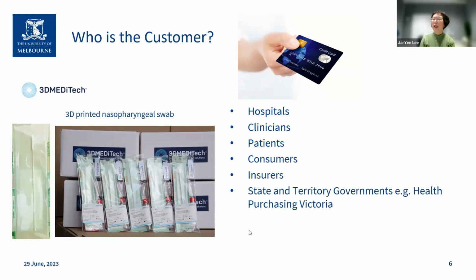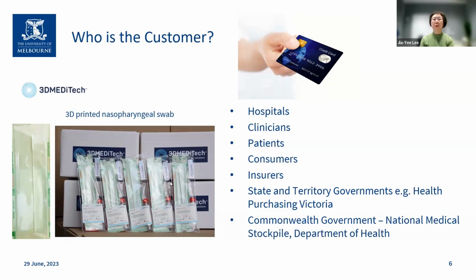But interestingly, the main customer at that point during the pandemic was really the Commonwealth government, because 3D Meditech signed a $3 million deal, and this is all in the public information available when you Google 3D Meditech and the National Medical Stockpile of the Department of Health. They made a purchase of these batches of 3D printed nasopharyngeal swabs.